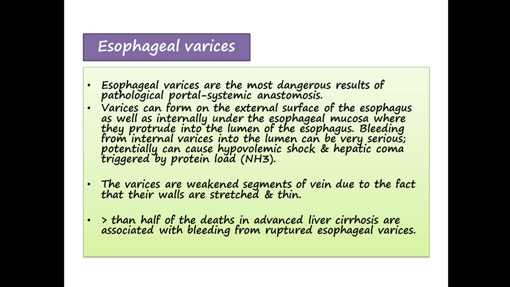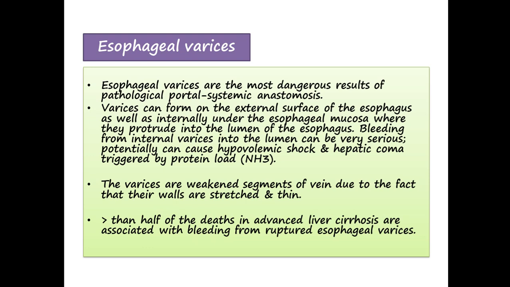Normally, ammonia is converted into urea in the liver, but if there is so much excess production of ammonia, the liver is unable to deal with it, and the presence of this excess ammonia, which is a nitrogenous substance, will lead to hepatic coma due to its effects on the brain. So hepatic coma and hypovolemic shock are the serious complications of internal esophageal varices that have ruptured and bleed.